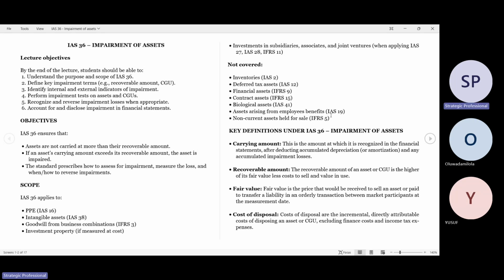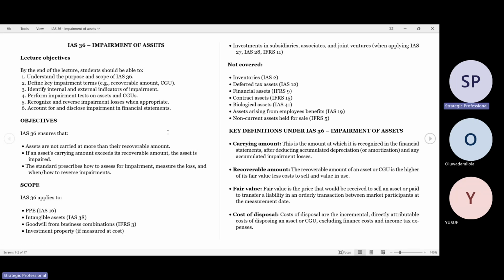But it is not all these assets that are applicable under impairment of assets. Assets like trade receivables, like I mentioned earlier, are not to be treated under IAS 36. The reason is that there is already a separate standard that addresses how trade receivables will be valued before you recognize them in the company's financial statement.